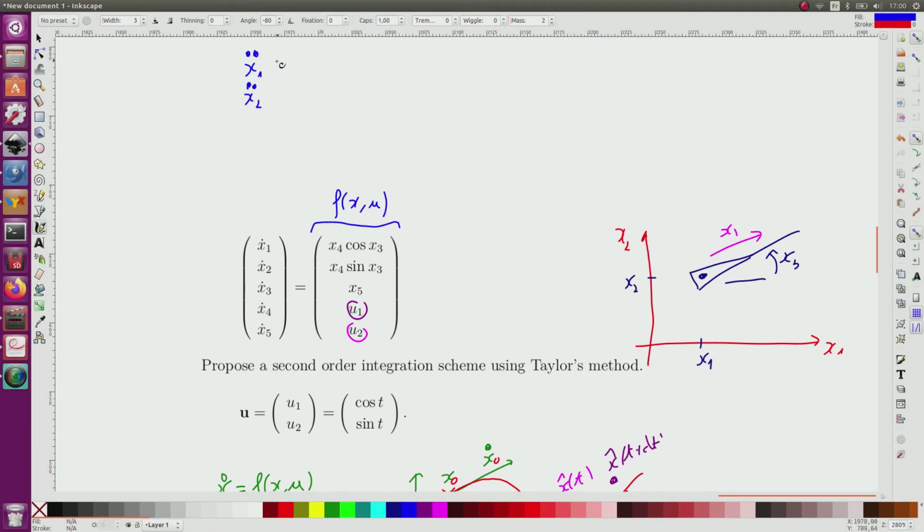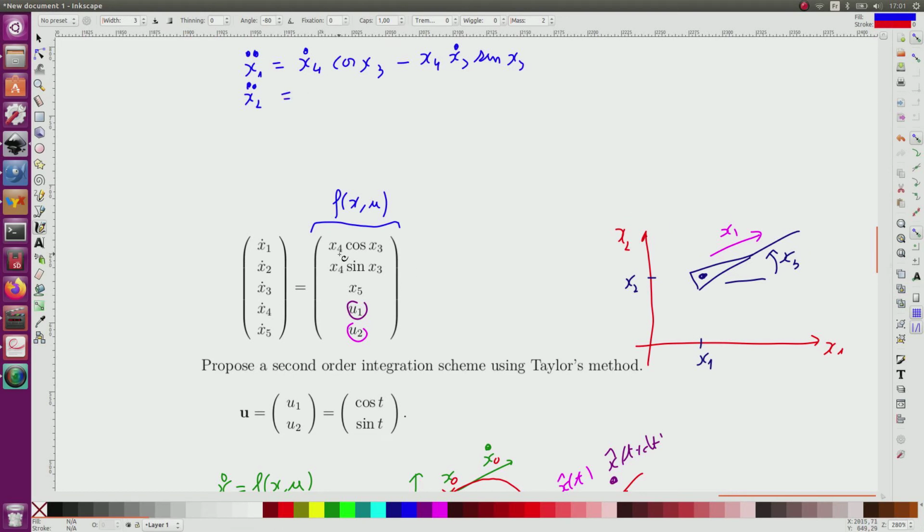So x dot dot 1, it is equal to x dot 4, so the derivative, cos x3, plus, so minus, because the derivative of cos is minus sine, x4 x dot 3 sine of x3.